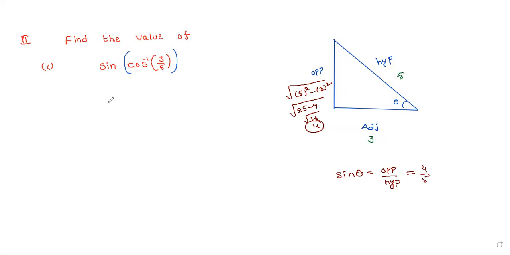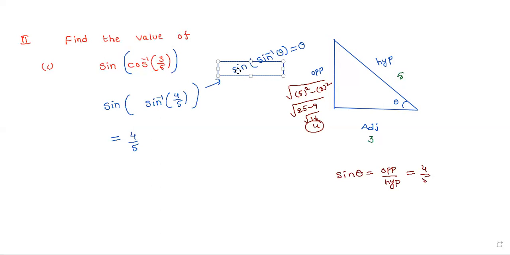So sine of sine inverse of 4 by 5. The formula: sine of sine inverse theta is equal to theta. Right.